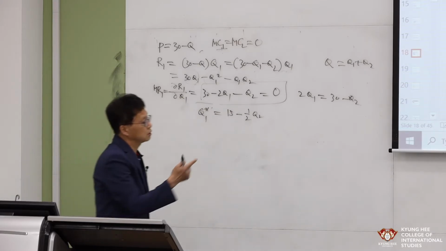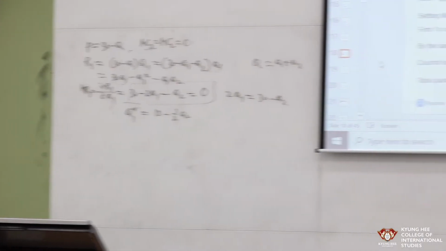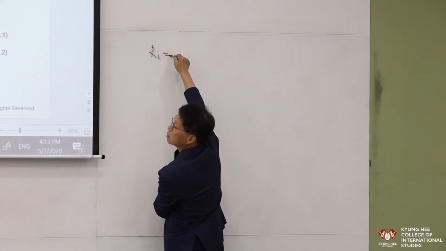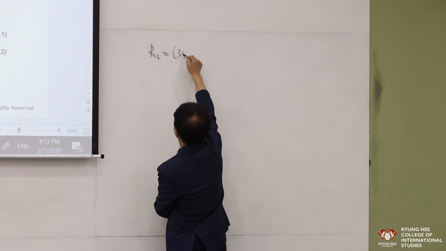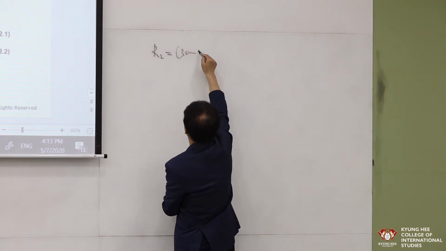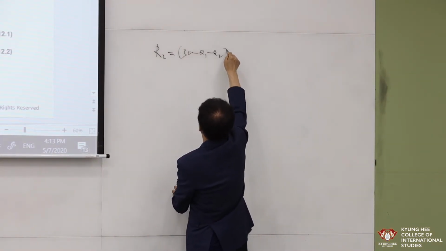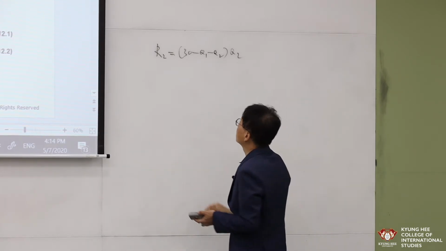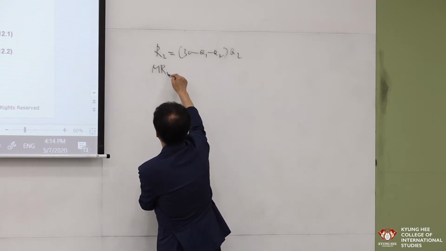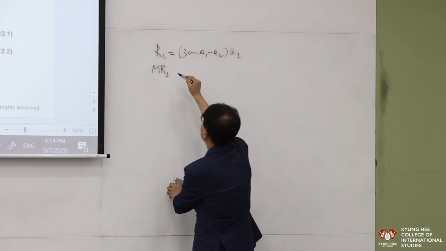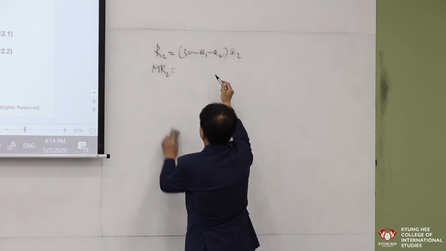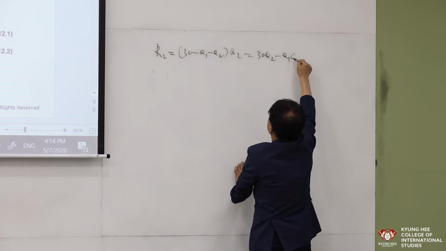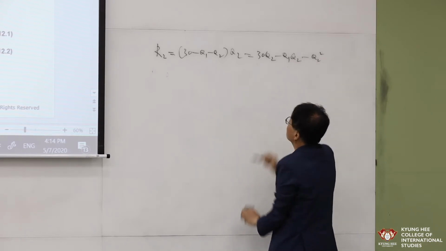Right? So I'd like to use this one. Revenue of firm 2 is price, price is 30 minus Q, where Q equals Q1 plus Q2, like this, multiplied by Q2. Right? Then marginal revenue of firm 2 is the partial derivative of this one. This is equal to 30Q2 minus Q1Q2 minus Q2 squared, isn't it?